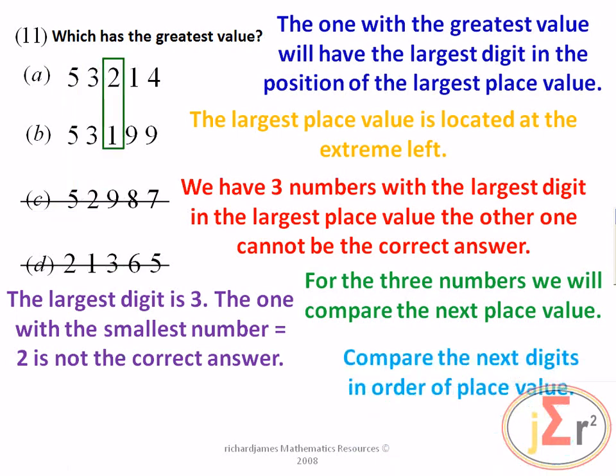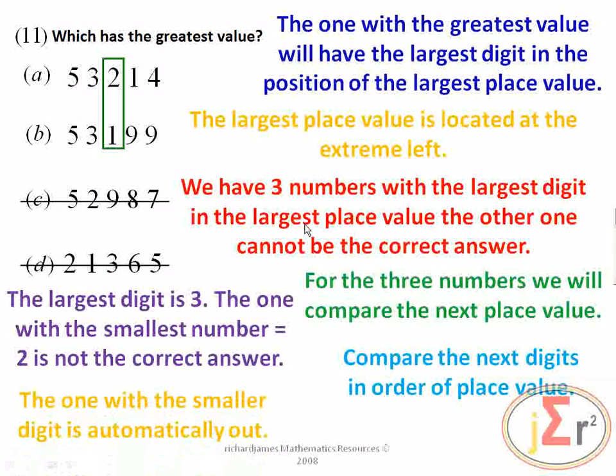Which one has the largest digit that we have there? The one with the 2. So the one with the 2 will automatically be the one with the largest value. Because when we compare the 5s, this one has the smallest.